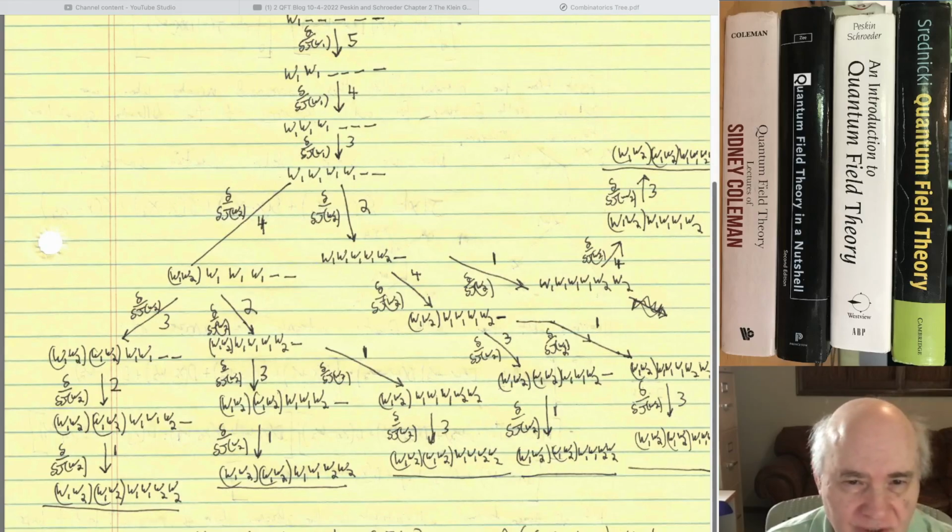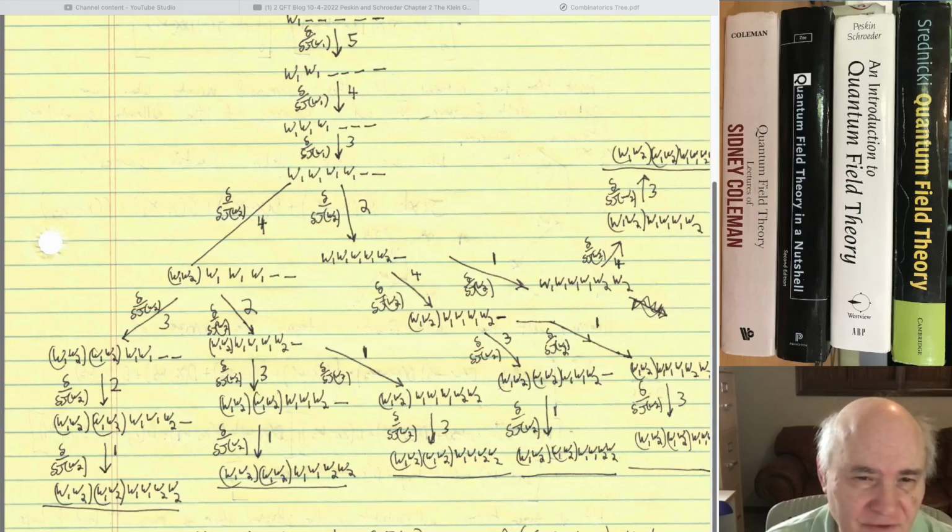Now it becomes a little more complicated. There are various ways to proceed which have different combinations. So let's say on the left, after I've gotten through the W1, W1, W1, W1, blank, blank, now there's 4 places that I can apply a derivative with respect to W2: on the first, the second, the third, and the fourth.